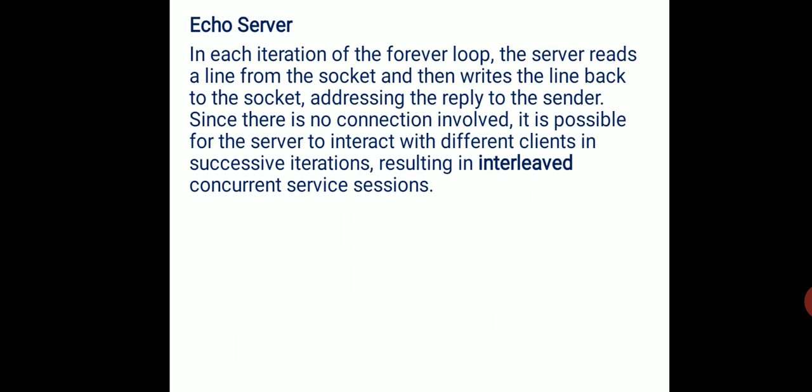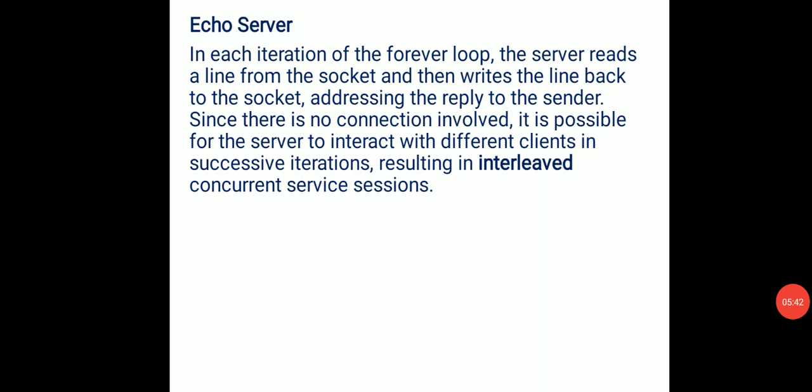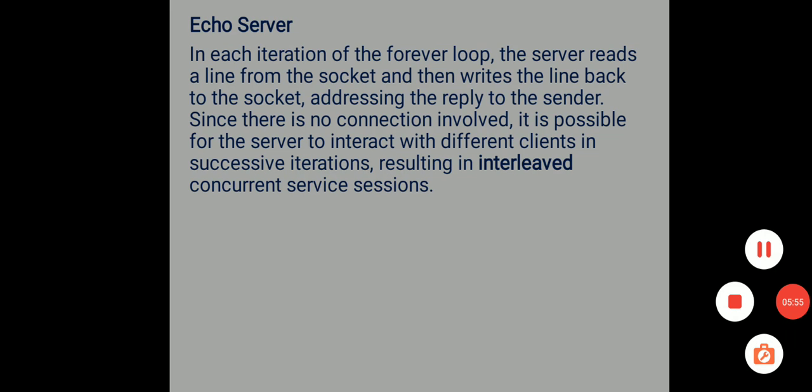That means it sends the line back to the client, and for that reason it is called an echo server. There is no connection involved. It is possible for the server to interact with different clients in successive iterations, resulting in interleaved concurrent service sessions.